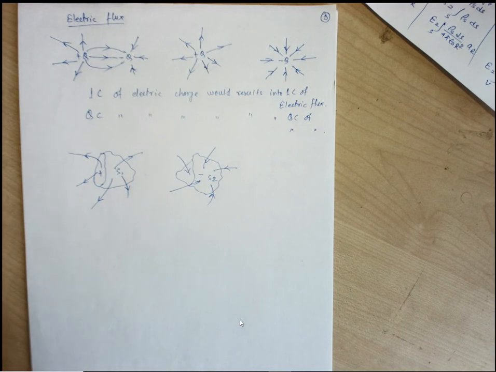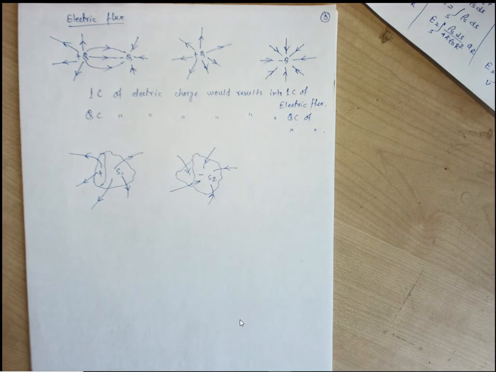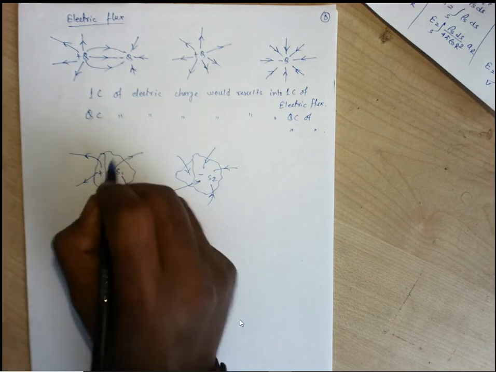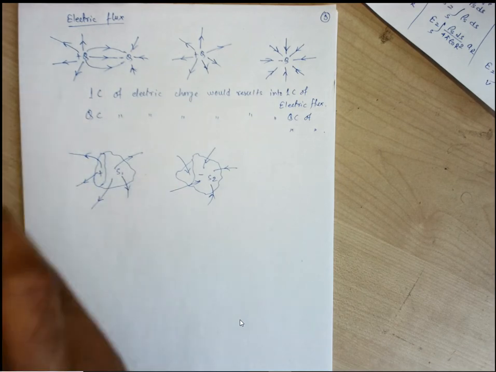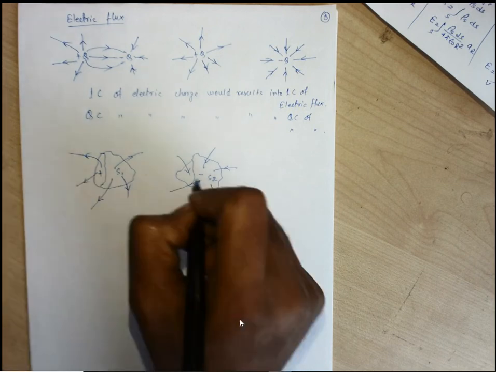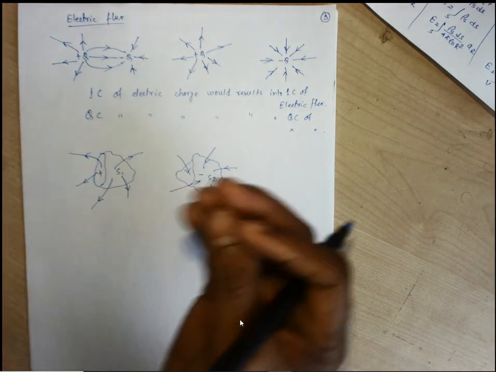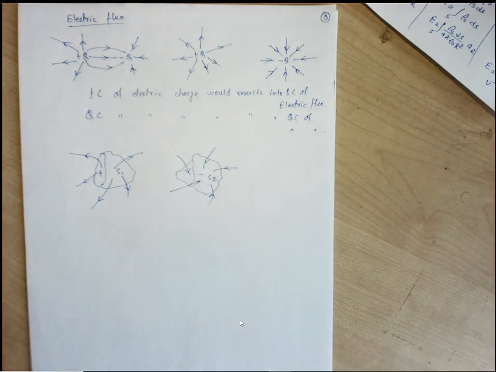So two different cases, one positive, one negative, but as a whole, either it is leaving or entering, the flux is always passing through this closed surface because we have some charge configuration inside these two volumes.